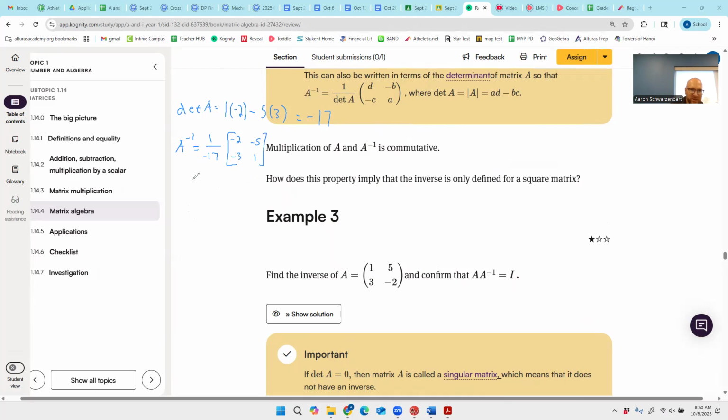And yet my inverse matrix is actually, so I'm distributing that through, which practically speaking is this, right?